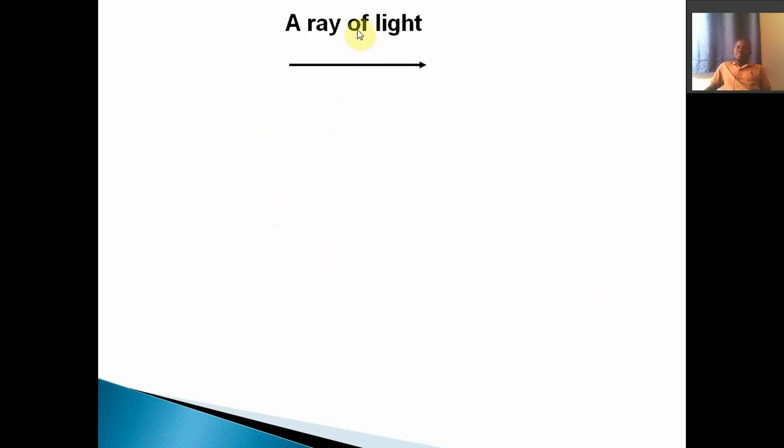Now this is a ray. This ray is a straight line with an arrow pointing in this direction, meaning that light is traveling in this direction. Are we together? It is always drawn together with an arrow.